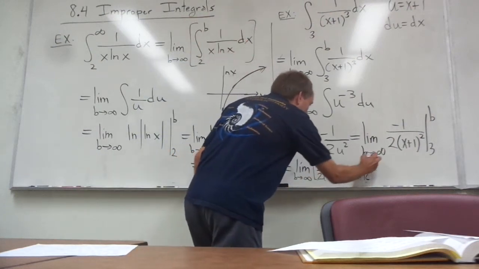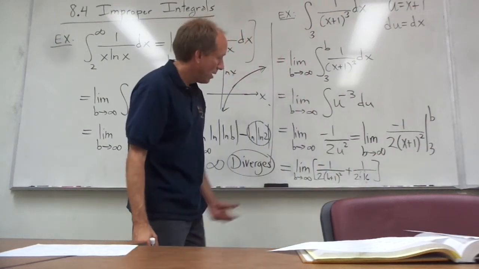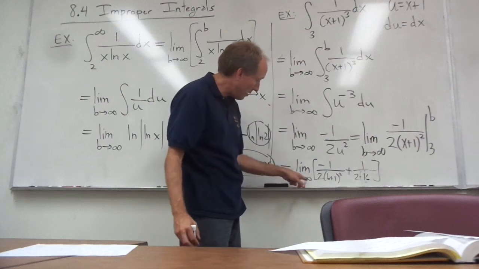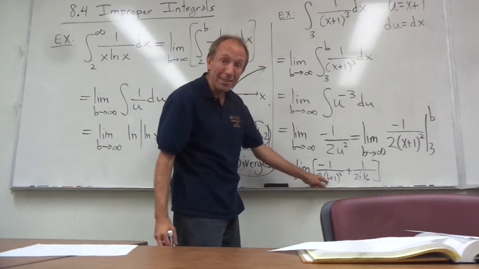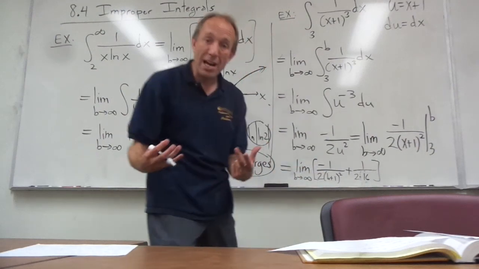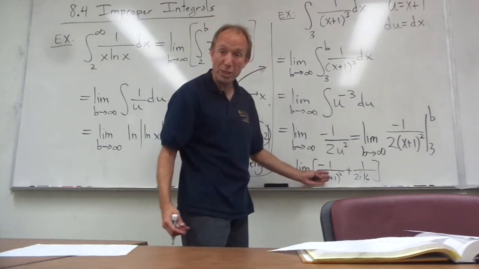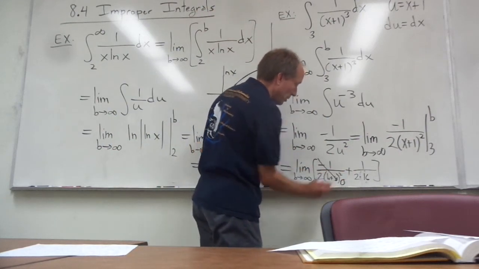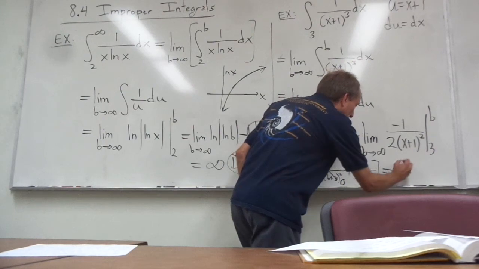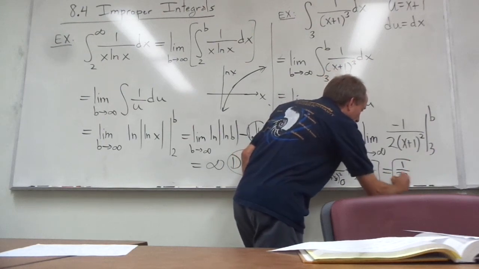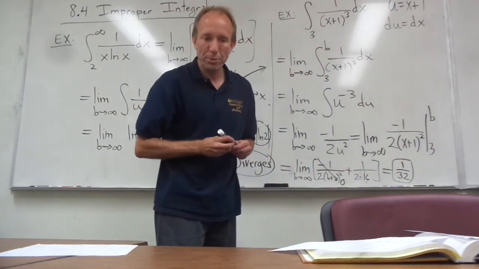This is the thing we need to take the limit of. The first part, the b is blowing up in the denominator, which makes the whole fraction go to 0. What we're left with is just the second part, which is just a number, 1 over 32.